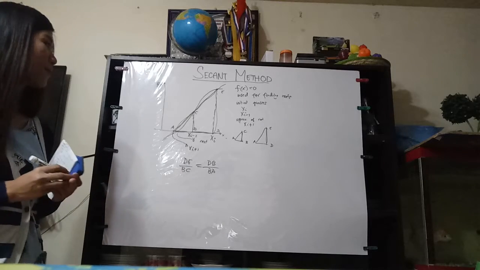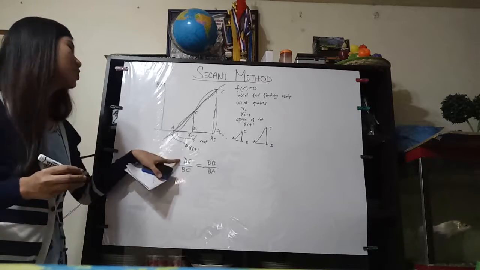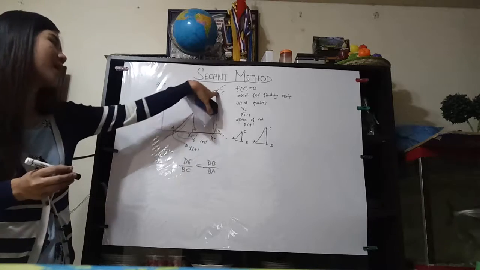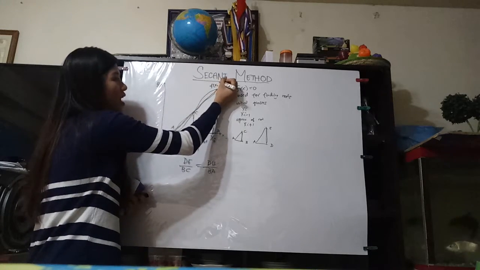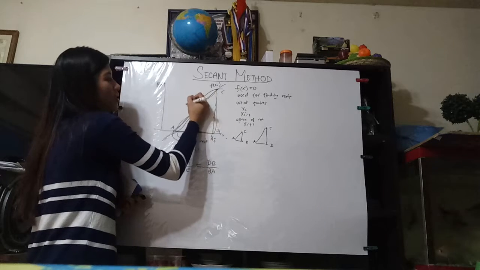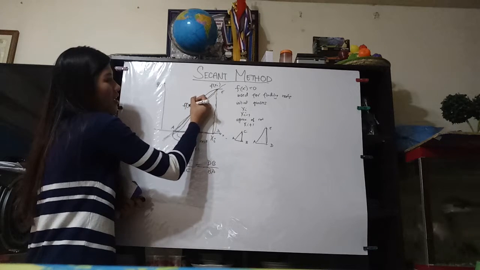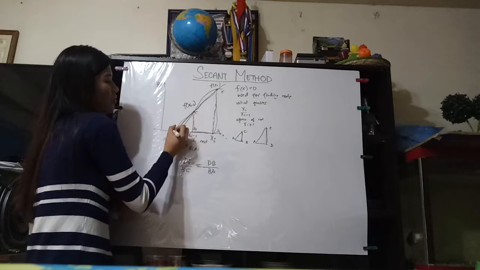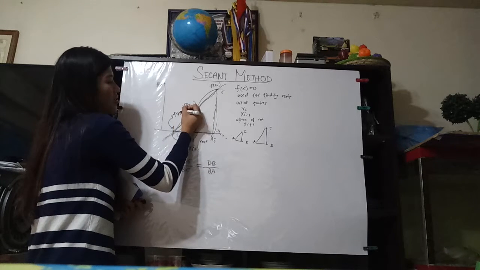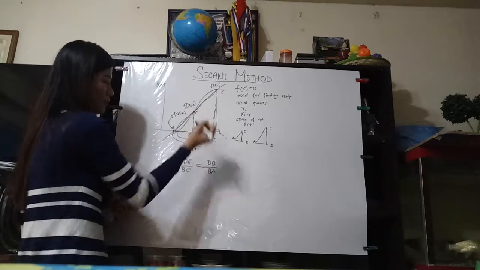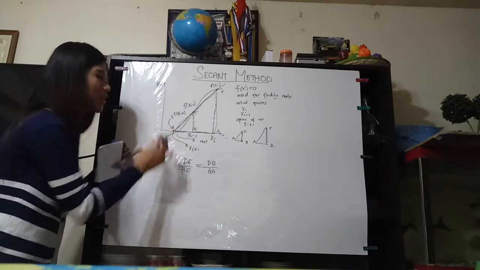Next, we substitute D to E by our function. This would be our function at x of I, this point would be f of x of I minus 1, and for this point, that would be our function at x of I plus 1. So we're just going to plug it here.